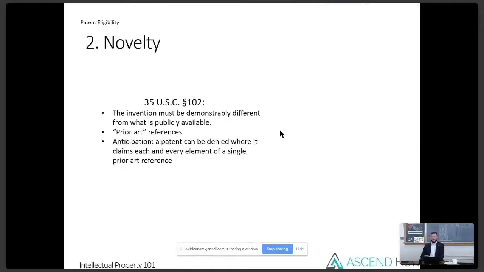Now, the invention must be demonstrably different from what's publicly available. Again, the Patent Office will be examining prior art references, and they'll be attempting to conglomerate prior art references to describe your invention fully. When one prior art reference describes your invention fully, it means that your invention was anticipated.